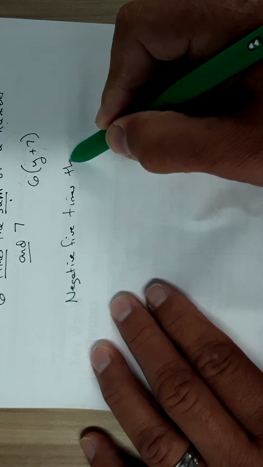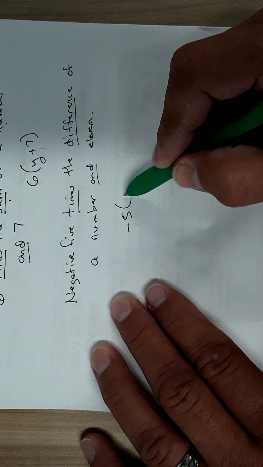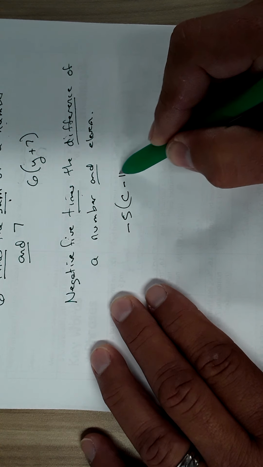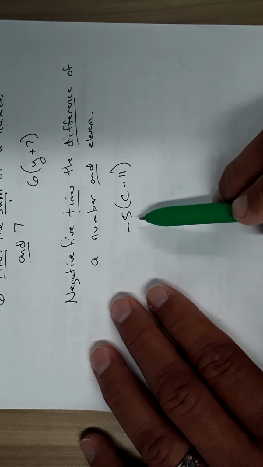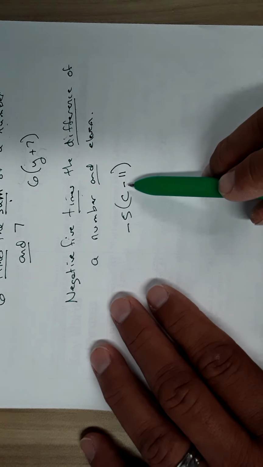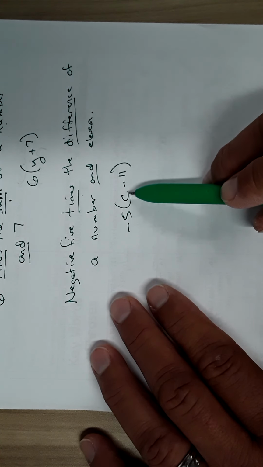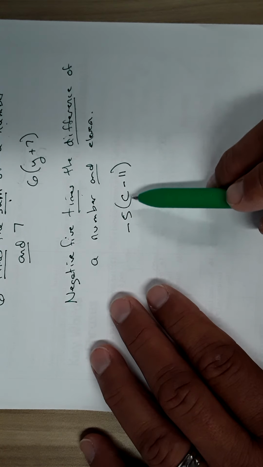So -5 times the difference. Well, that's subtraction. What am I subtracting? A number and 11. Use the variable c then. See what this says? -5 times the difference of a number and 11.